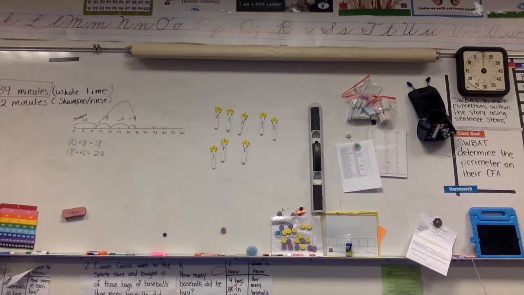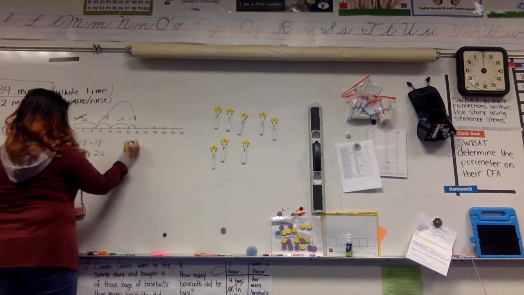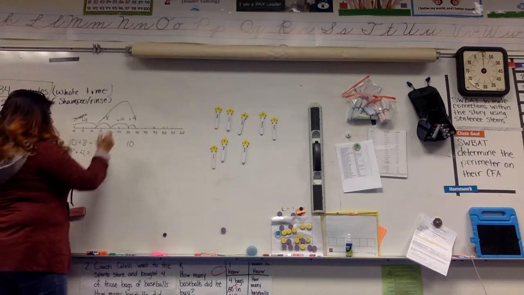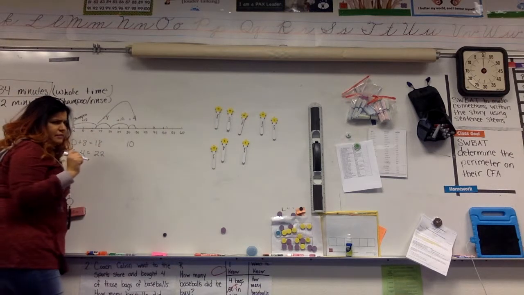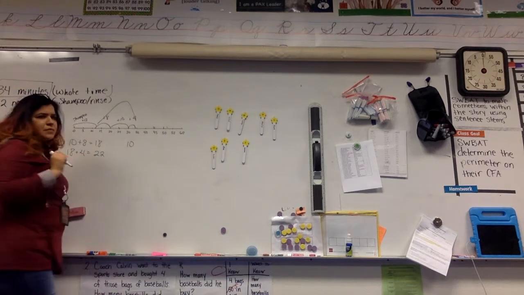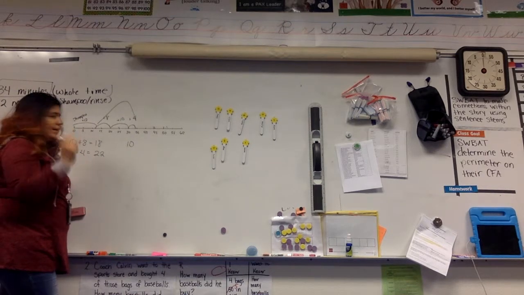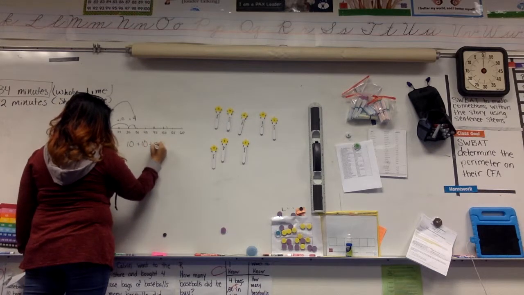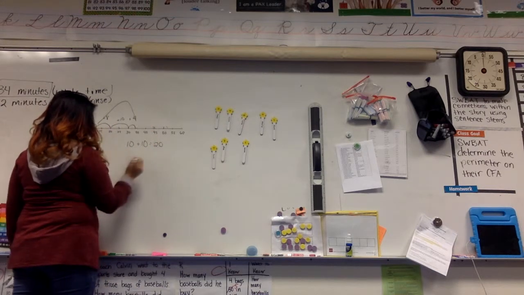Okay. I did it a little bit of a different way. So the way I did it was I took the 10, but then I thought, well, this is almost 10. So I borrowed 2 from this 4 to make it a 10. So I did 10 plus 10 is 20, and I have 2 more here.